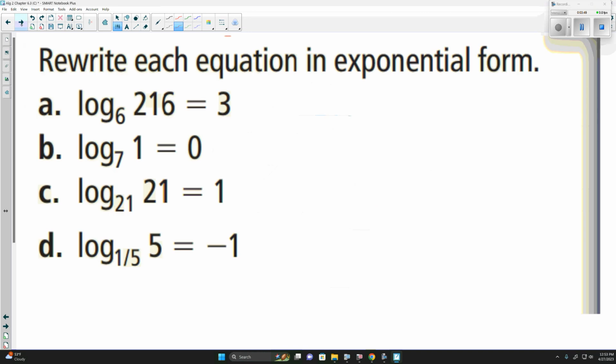So then this would be cubed equals 16. The next one would be log base 7 of 1 is 0, would be 7 to the 0.